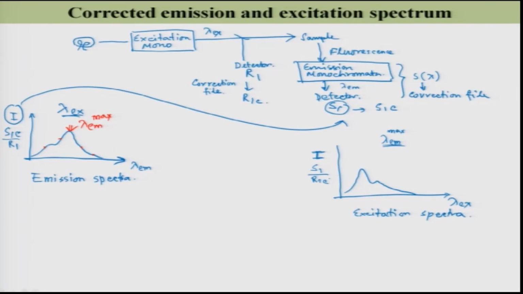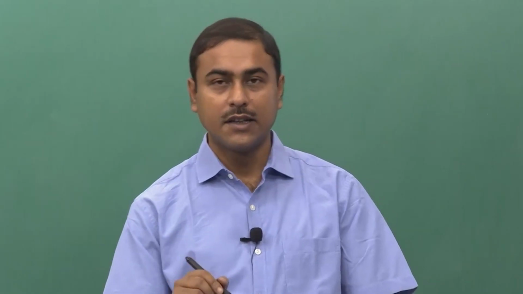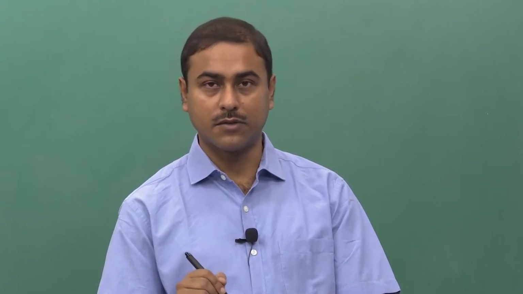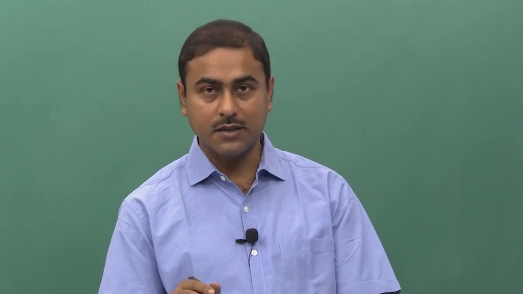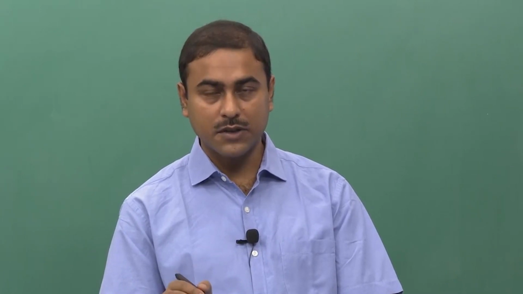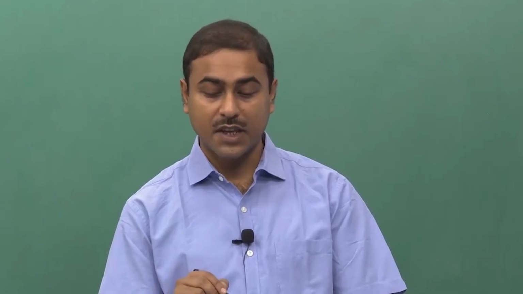And now, let us move to another important measurement, which is the measurement of fluorescence quantum yield, right. I have mentioned that fluorescence quantum yield is another important parameter of the fluorescence, where intensity is one parameter, emission maxima another parameter, quantum yield is a parameter, and another parameter is lifetime, which I have not discussed yet, but I am going to discuss later.